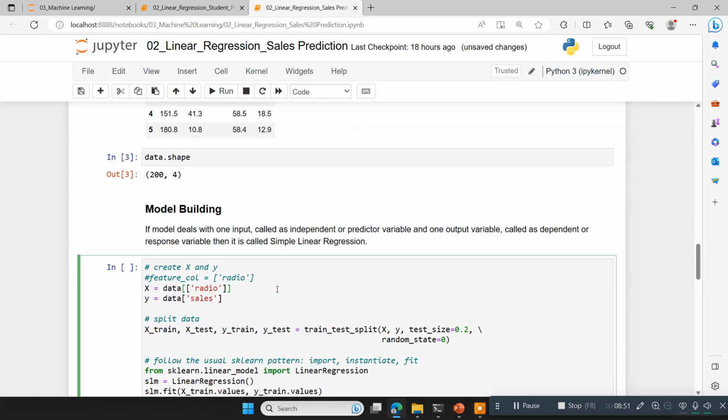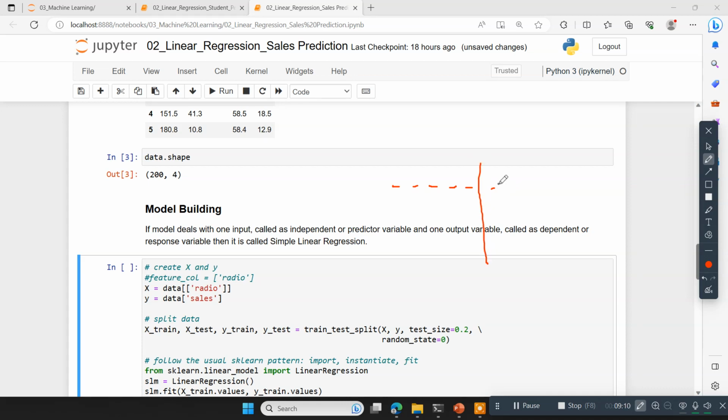Normally when you have a data set, what we do is we split the data into train and test. Let's say you have data like this. This is our target variable. We'll store that into y, and this is your x.